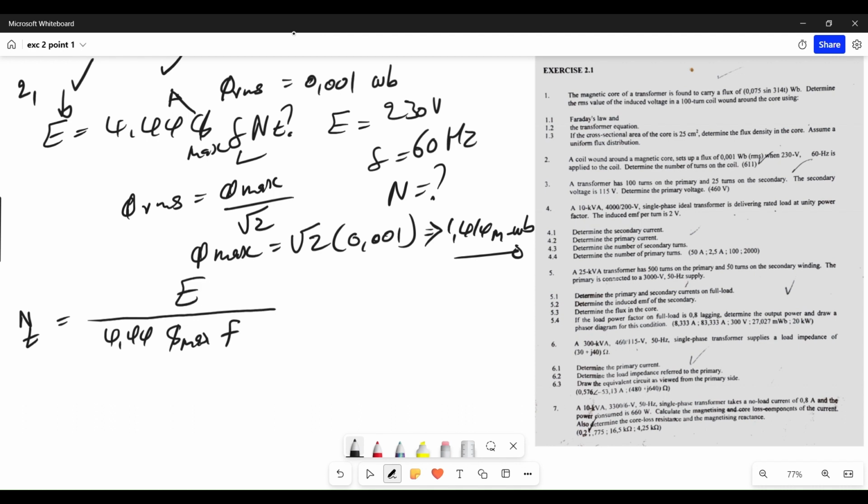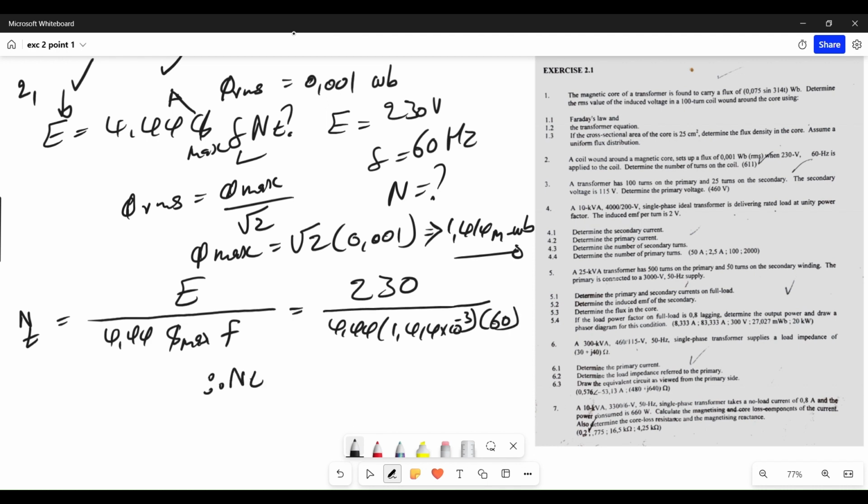So we have 230 over 4.44 into 1.414 times 10 power negative 3 into 60.